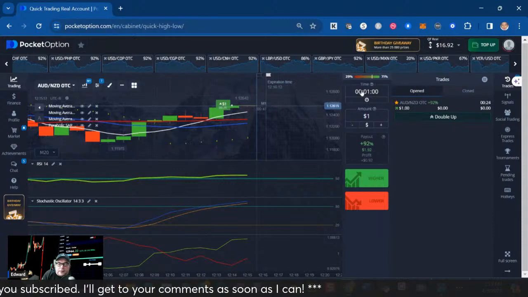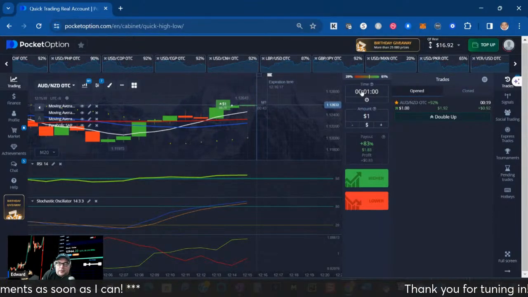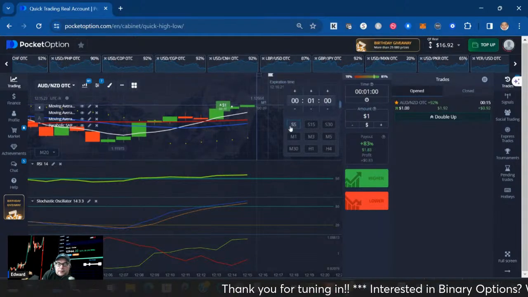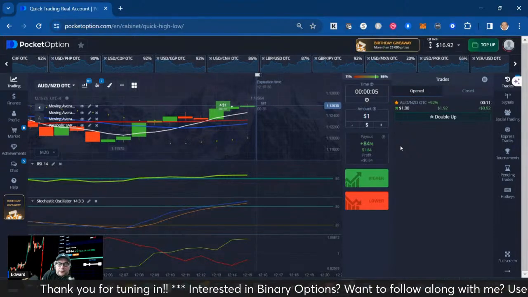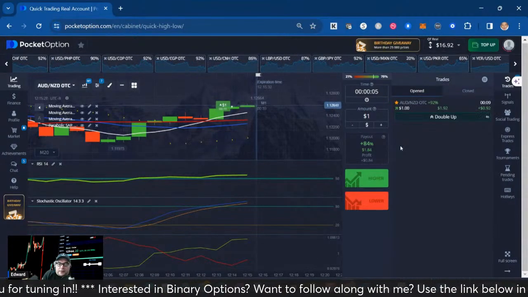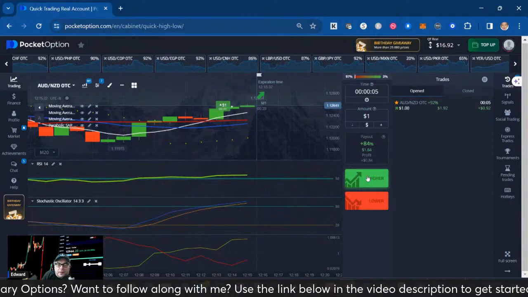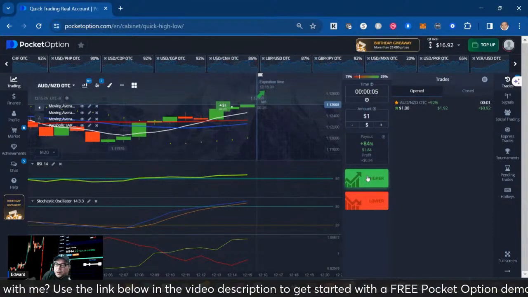Let's see, it's moving a little too fast for a 5-second trade, I think. We can give it a shot. Okay, watch this bounce. Watching it bounce. See, it looks like it's pretty predictable.